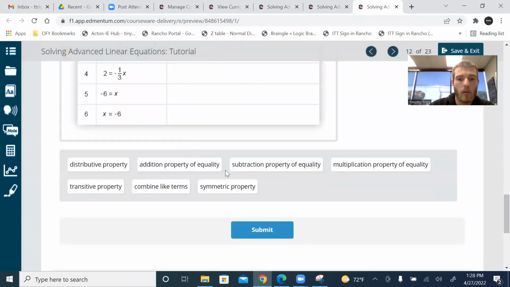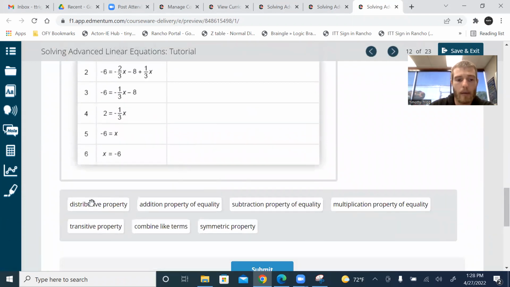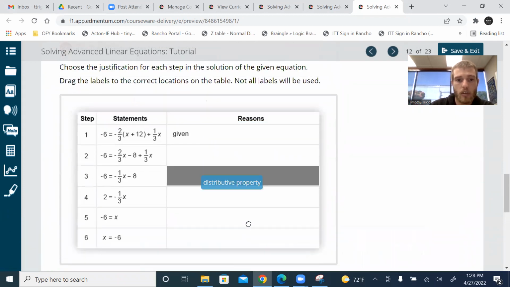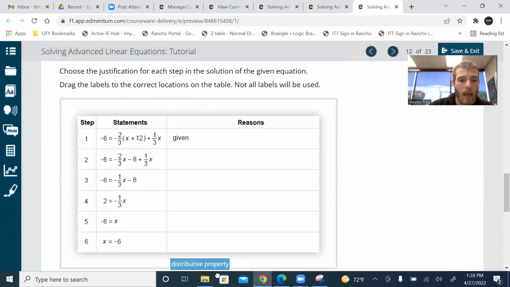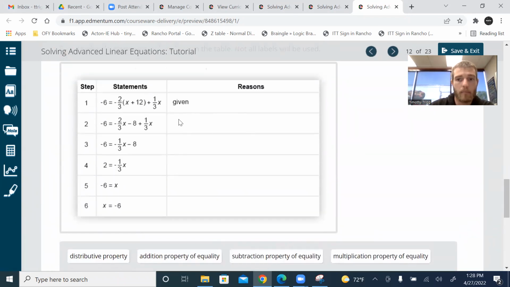Here we're going to figure out the justification for each step along the way. So we're going to move these into this reasons column and figure out the reasons for each step.